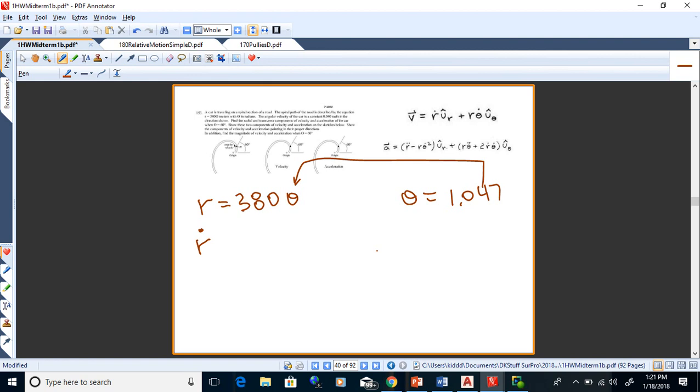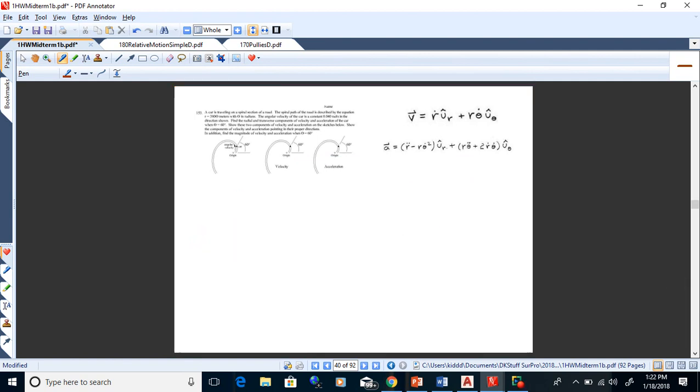Okay, now what's theta dot? No, let's back up a second. What is theta dot? If I gave you a short answer quiz on this stuff and I said, what's theta dot? What two words would you write in for the answer? Angular velocity, right?